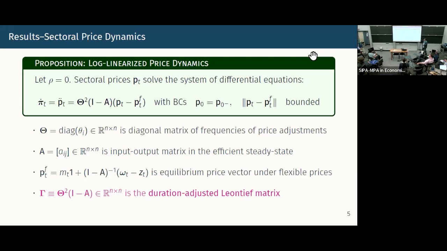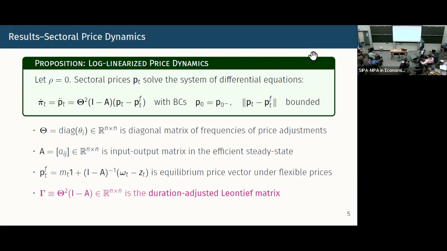Okay. Finally, what is the expression for this vector of flexible prices? It is going to depend on wages, because of Cobb-Douglas preferences. This wage is just equal to our money supply or nominal GDP, plus the inverse Leontief matrix times wages or productivities. Because of the setup that I have, wages and productivities from the perspective of the flexible equilibrium are not really distinguished.